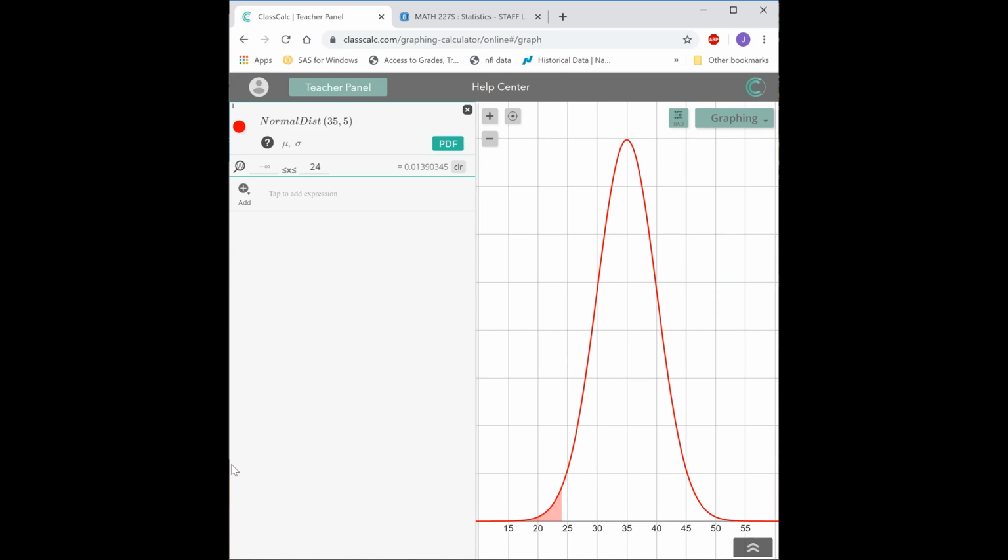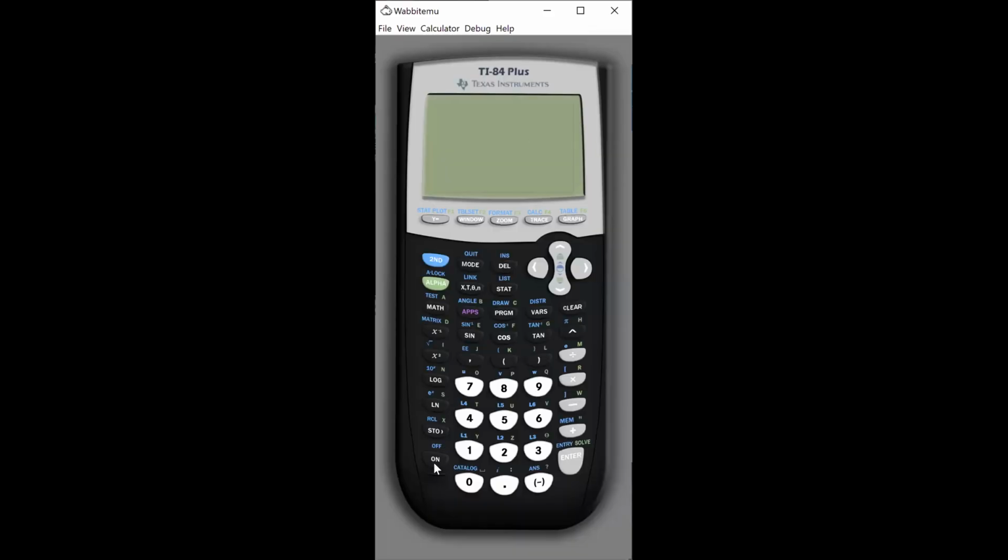All right, let me transition over to the TI-83 or 84 so I can show you how to do it. You go to second, and then VARS, and you want to do normalcdf. For normalcdf, my lower bound, we said, was negative infinity, so you put negative 10 to the 10 power.